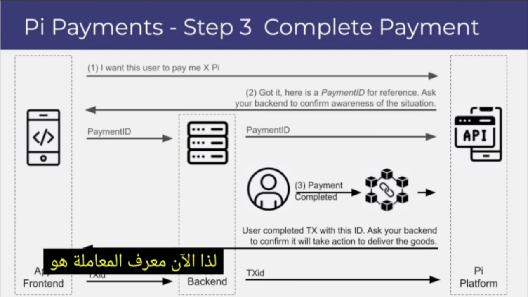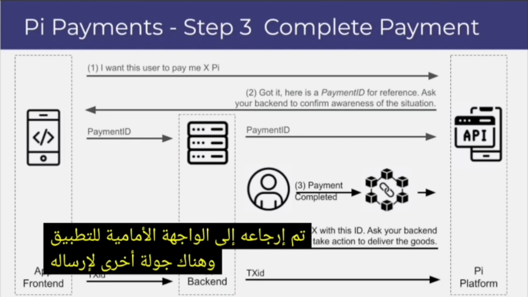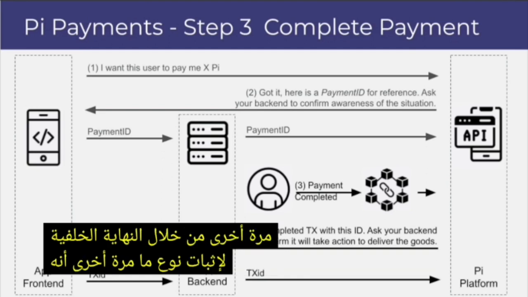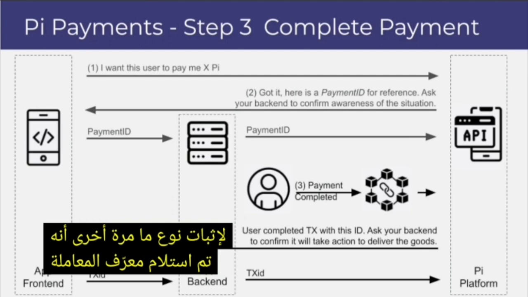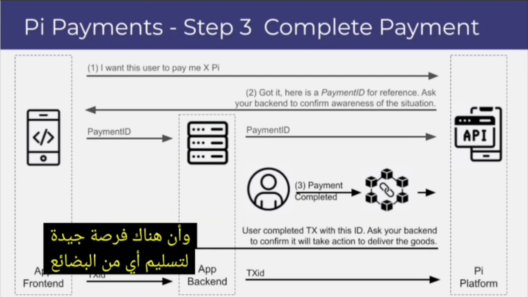So now the transaction ID is returned to the app's front end, and there is another round of sending it back through the backend in order to once again prove that the transaction ID has been received and that there is a good chance that whatever goods will be delivered.